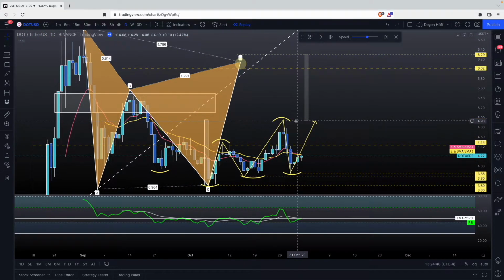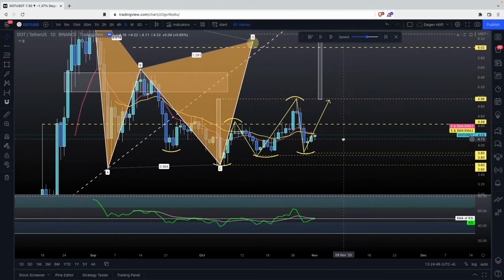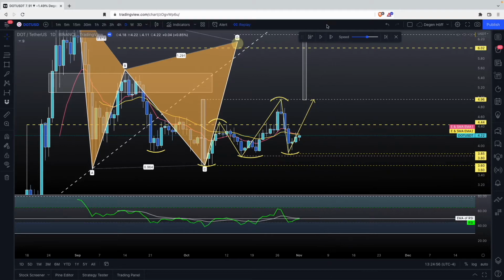For me, this right here is the critical level to break. So first, get over this reactive zone or reactive level, break the neckline, and then you have a breakout entry here. Let's see how this behaves. Also, the RSI on the daily is in an uptrend, so bullish continuation.